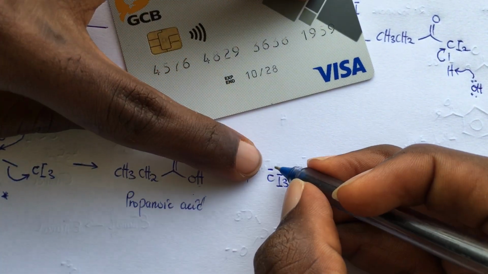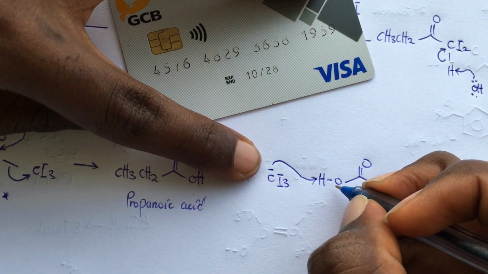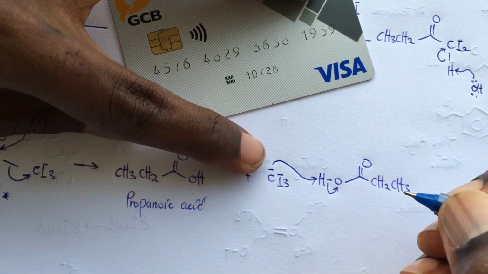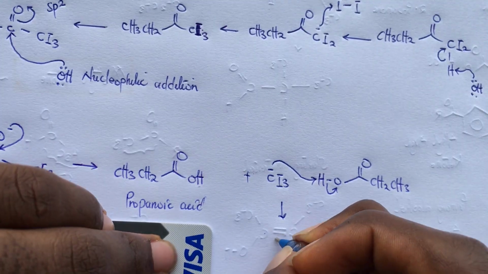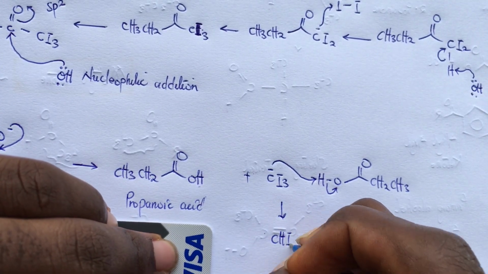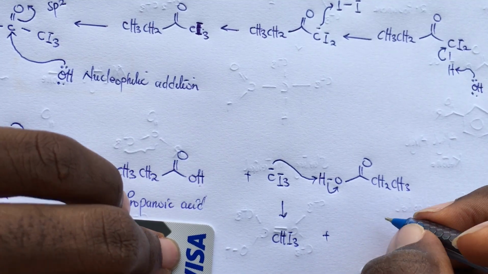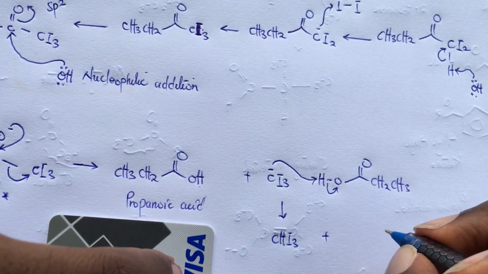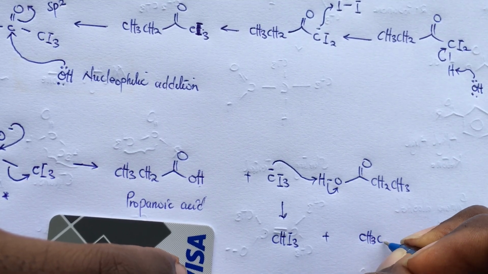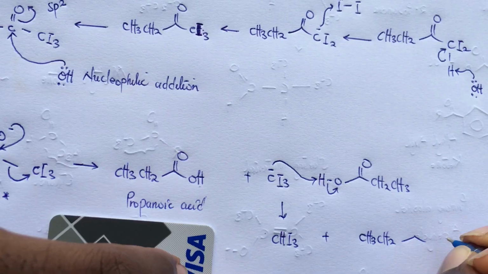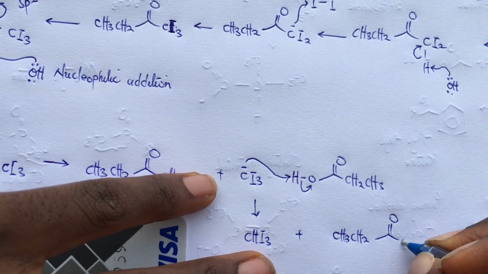Now, because this one is a nucleophilic center, it will attract this hydrogen, and now the electrons will fall onto this, so that this one becomes CHI3 plus your carboxylate. Your carboxylate here is your propanoate ion, which is CH3CH2, and then a double bonded oxygen, O minus.